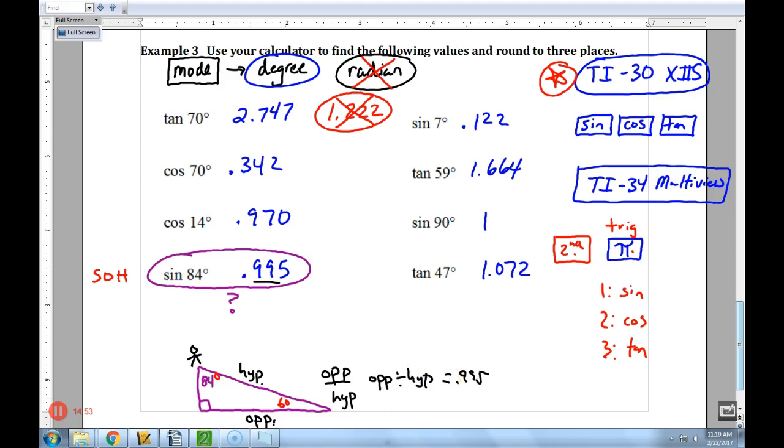Somebody has already gone through and measured and calculated all these triangles for every single combination of degrees, 84 and 6, 83 and 7, 82 and 8, and they've calculated the ratios for all three sides, and they've been programmed into your calculator. So that's what these numbers represent: the division that somebody has done between the sides in this specific triangle, regardless of size. It doesn't matter if it's a bigger or smaller version, they're always going to have those same ratios.